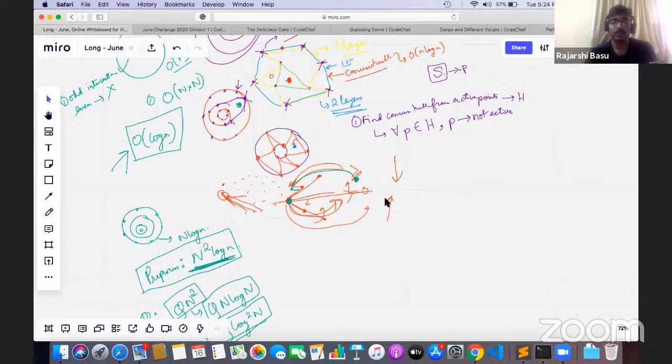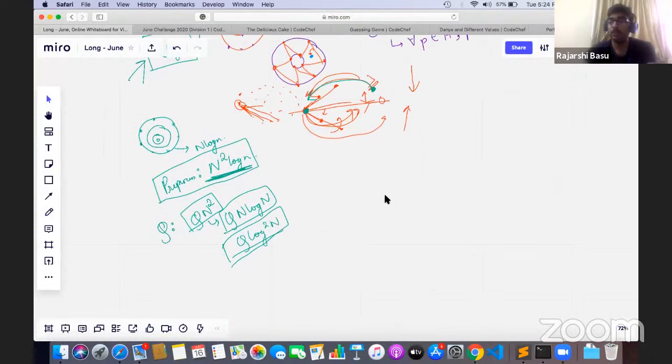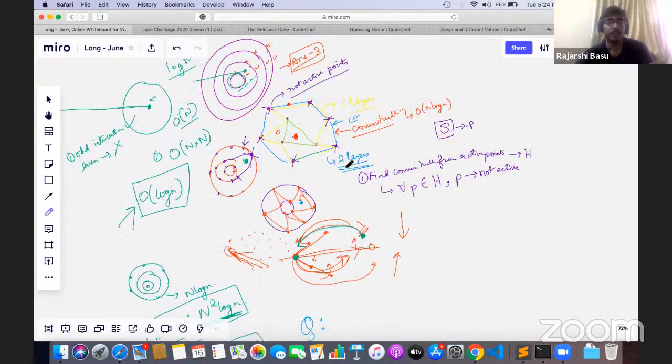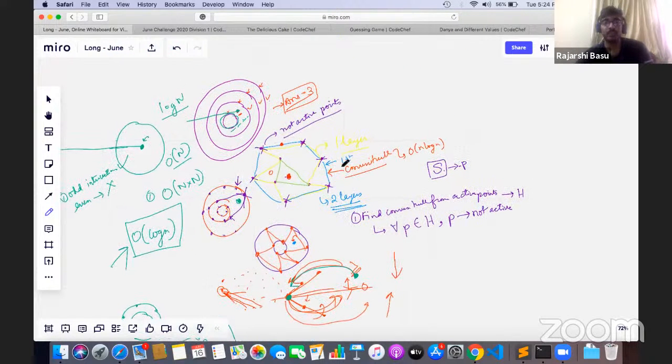So let me just elaborate on the q log squared n again. For every query, you need to find the first convex hull for which the candle point lies inside it. Notice that you can binary search this convex hull.